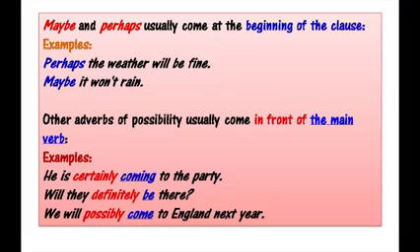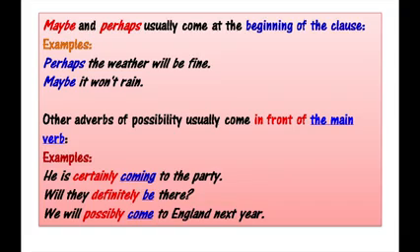On the other hand, adverbials of probability usually come in front of the main verb. For example, if the sentence has two verbs, the adverbial of probability is placed before the main verb. For example, he is certainly coming to the party.